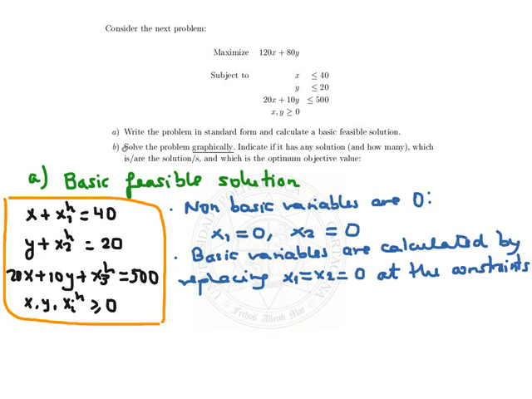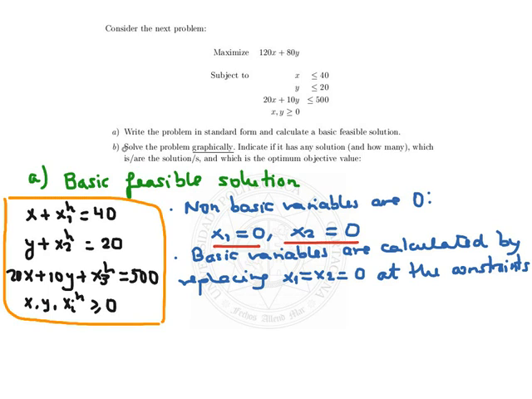Remember that for a basic feasible solution, the non-basic variables must be 0. So we have that x1 must be 0 and x2 is 0 as well. And then basic variables are calculated by replacing those values at the constraints.